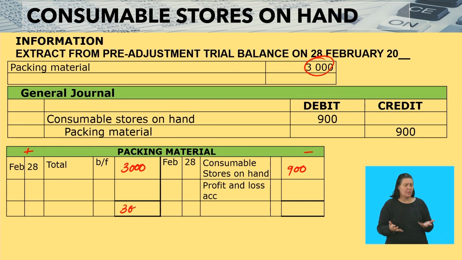So to see that, it's very easy. I'll just say 3,000, 3,000 here. Therefore, the profit and loss account becomes 2,100. That is what I therefore take to my profit and loss account. Remember, this therefore becomes my expense for this financial period.